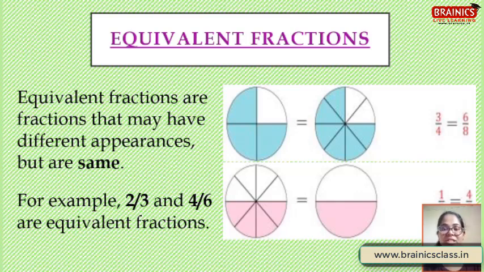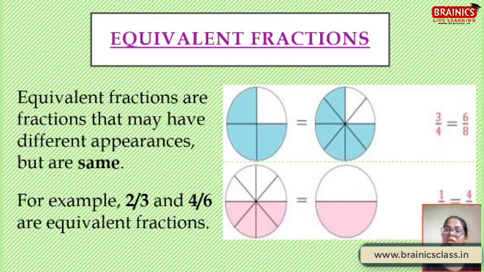So the fraction will come out as 6 upon 8. When we simplify 6 upon 8, it will come out as 3 upon 4. So both the fractions are same, but their appearance is different. These two are equivalent fractions, 3 upon 4 and 6 upon 8.